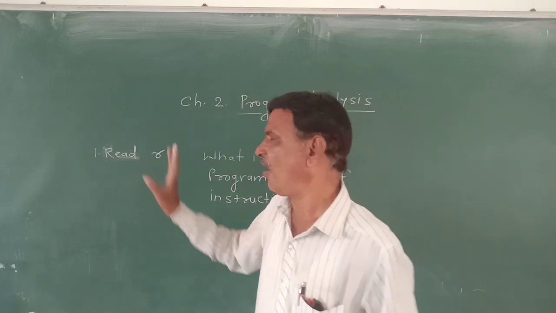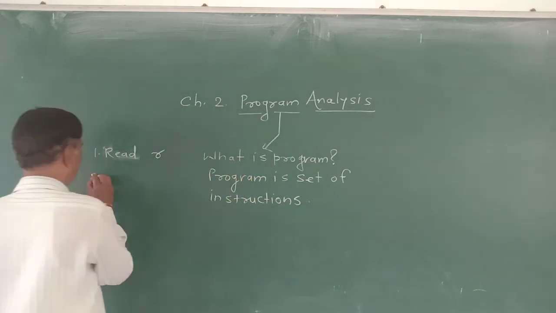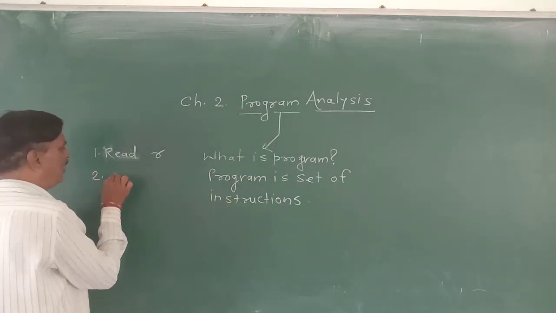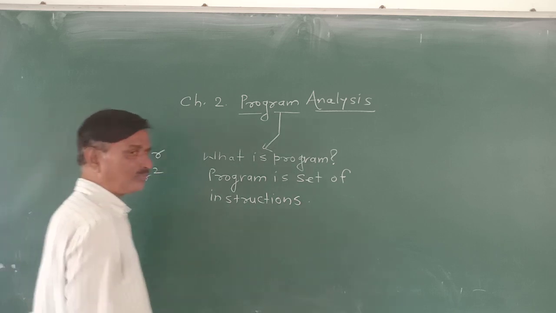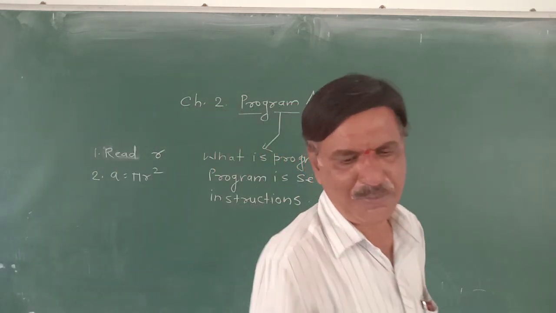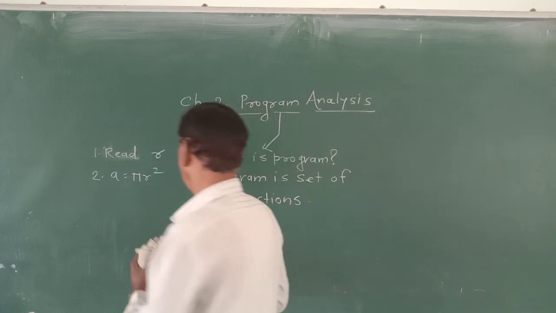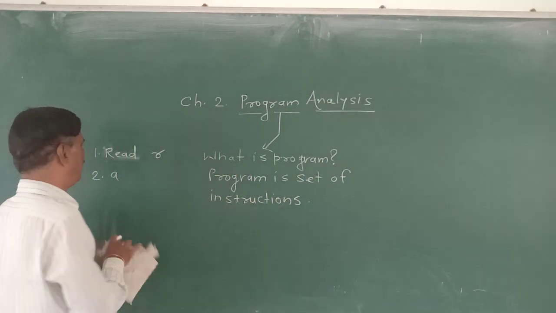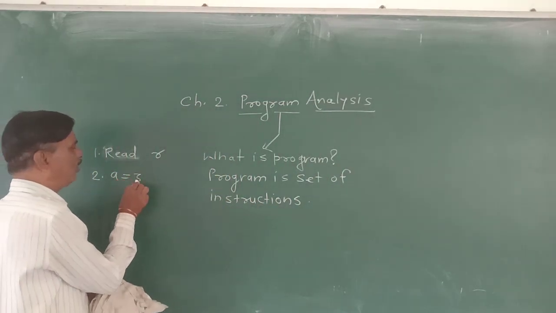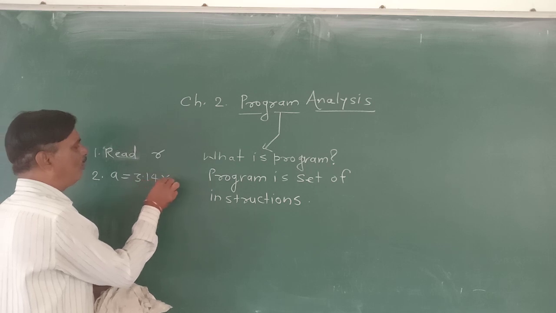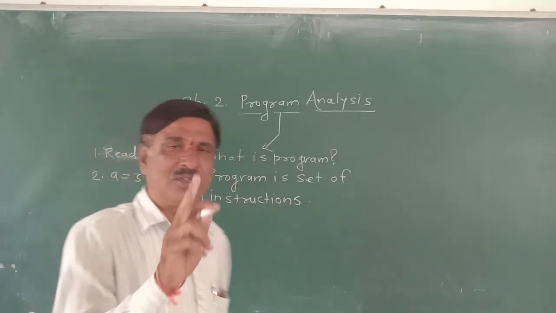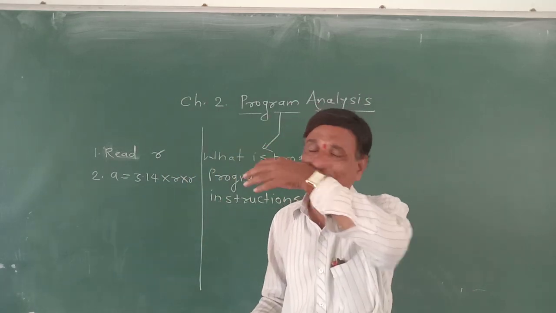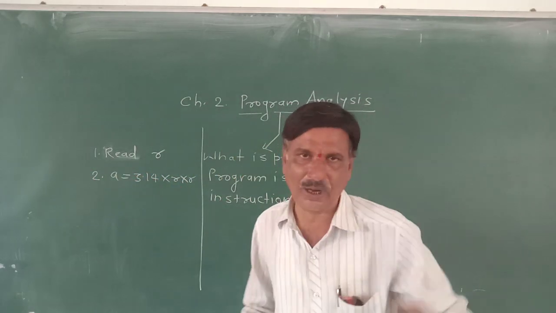Okay. After the first instruction, you are going to give the second instruction, that is A is equal to pi r square. But you know, computer is a machine. That's why it doesn't know what pi r square is. That's why here we can say A is equal to 3.14 into R into R. So this second instruction is given. First instruction you have given to the computer: read the value.